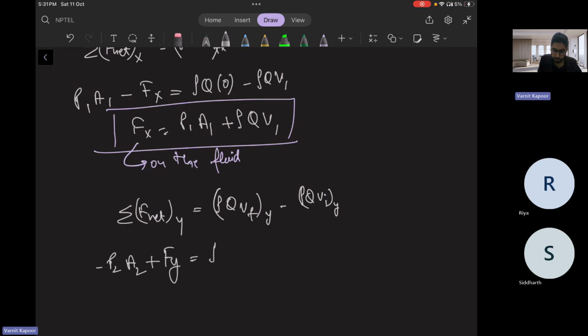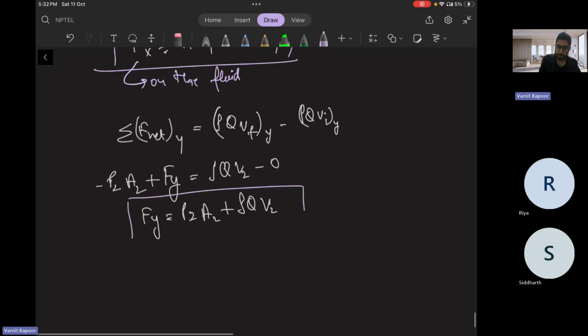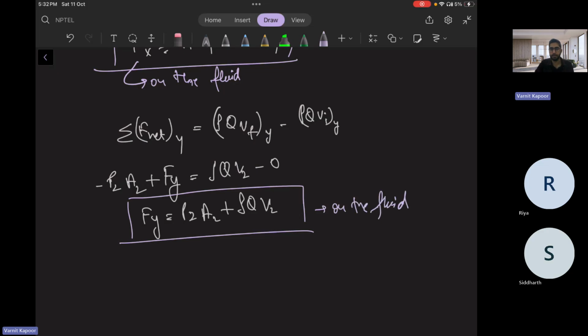Final velocity is V2, so rho Q V2 minus 0. So Fy comes out to be P2A2 plus rho Q V2. Again, this is the force on the fluid by the bend. So you got the values of net force on the fluid because of the presence of the bend.